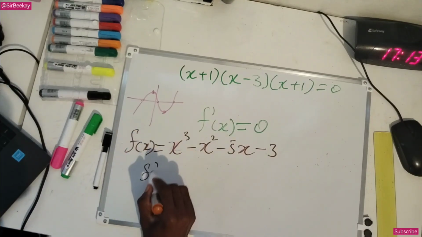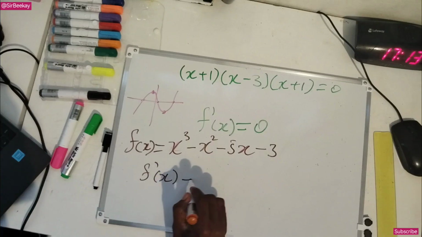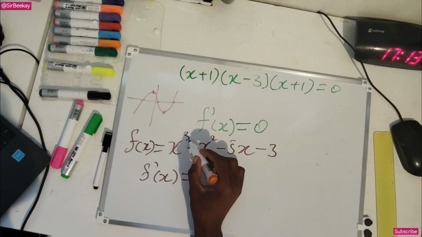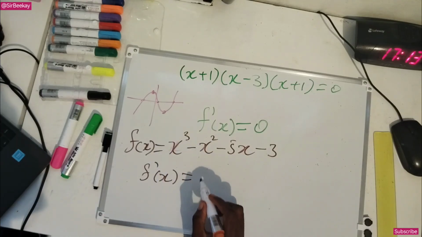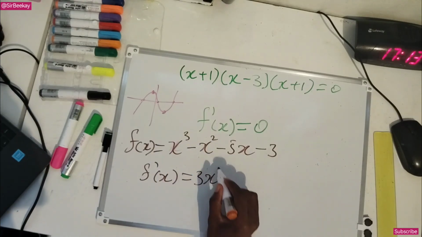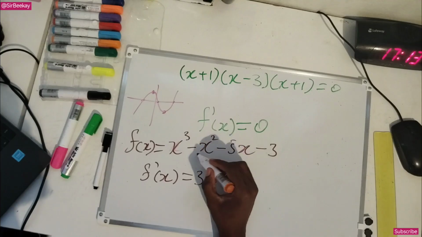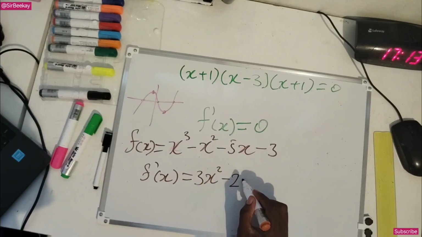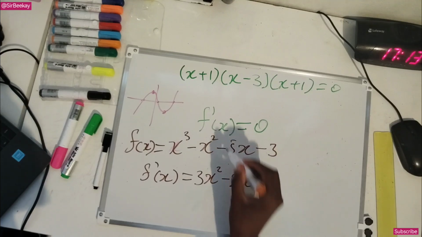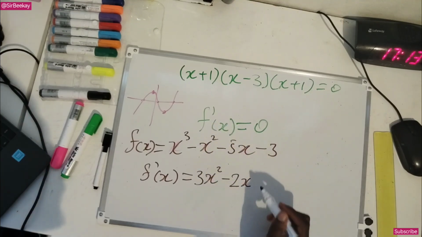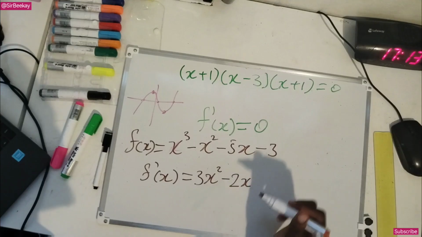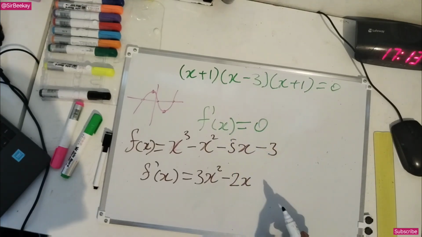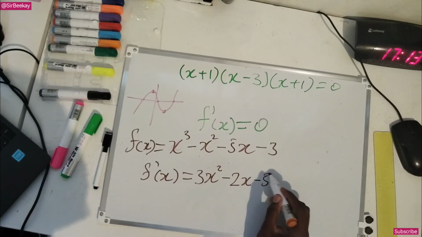We want f prime x. We're going to take the exponent of the cube and multiply it with the coefficient of x. It's going to be 3x squared. We're going to take the exponent 2, multiply it with the coefficient of x, minus 2x, and minus the 1 from the exponent there. It's going to be x. And then we take the exponent there, which is 1, and multiply it with the coefficient of x. It's going to be minus 5.